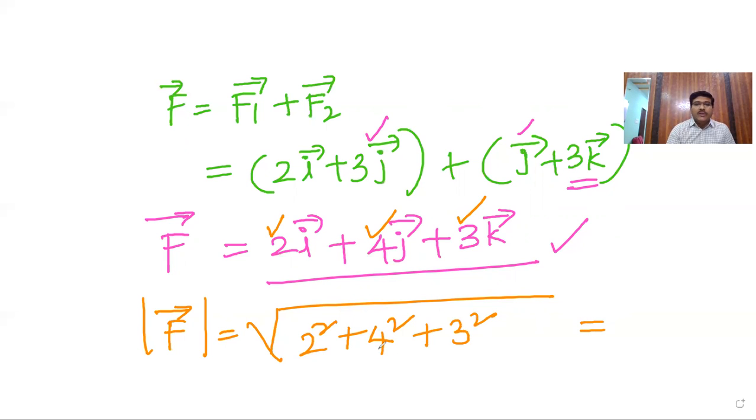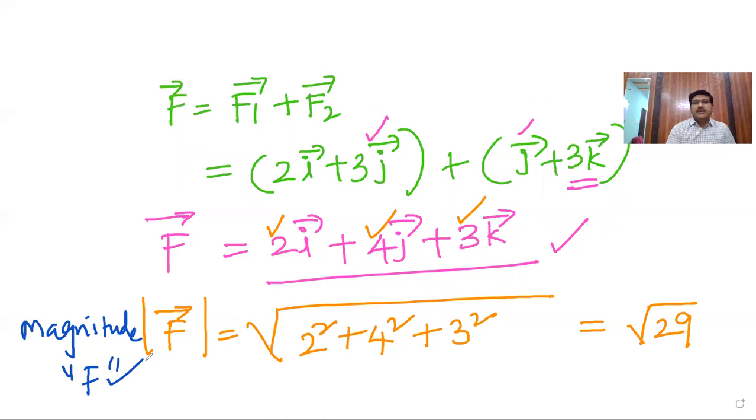This is 4 plus 16 plus 9, so 25 plus 4, under root of 29. Clear? Simply, you can write F also. This is the magnitude, the modulus.